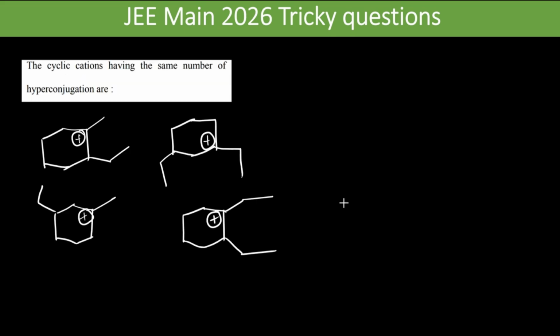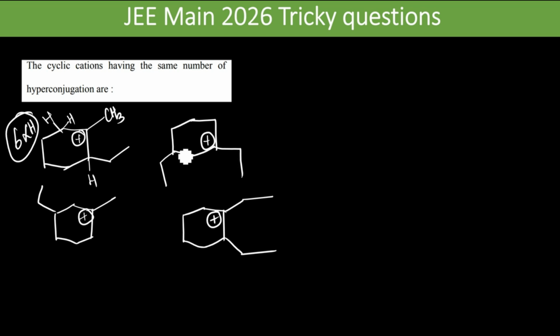Ions having the same number of hyperconjugation structures are. Okay, so hyperconjugation is related with the alpha hydrogens, isn't it? So the first one, if you take, how many alpha hydrogens do I have? 3, and then 1, 4, and then 2 on the other side, which is 6 alpha hydrogens.